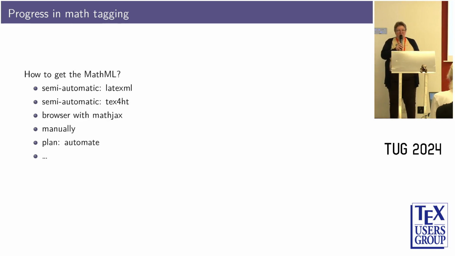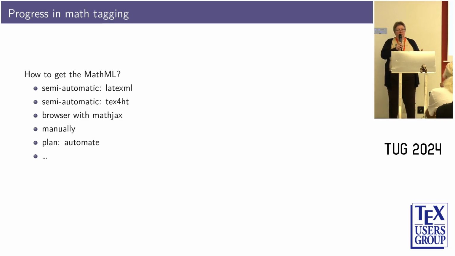The plan is to automate this fully, and since two or three days ago, we actually have in LaTeX the option to write out the MathML automatically to a file so that at the next run, the tagging code can use it. We have to test how good the MathML is.